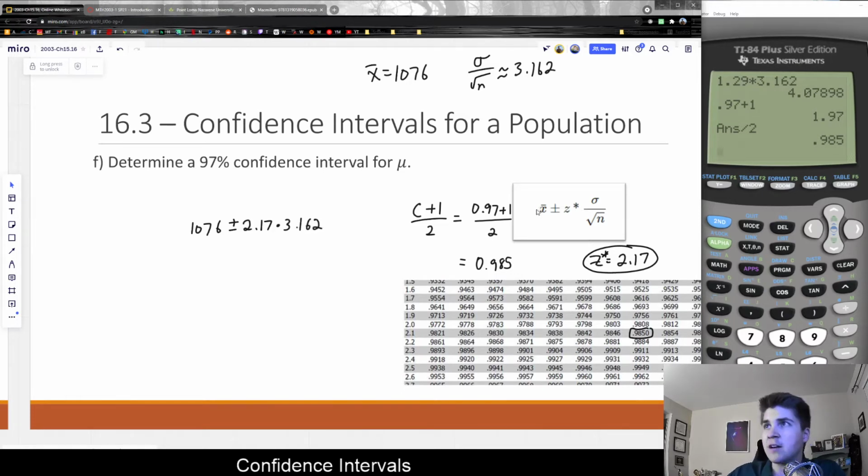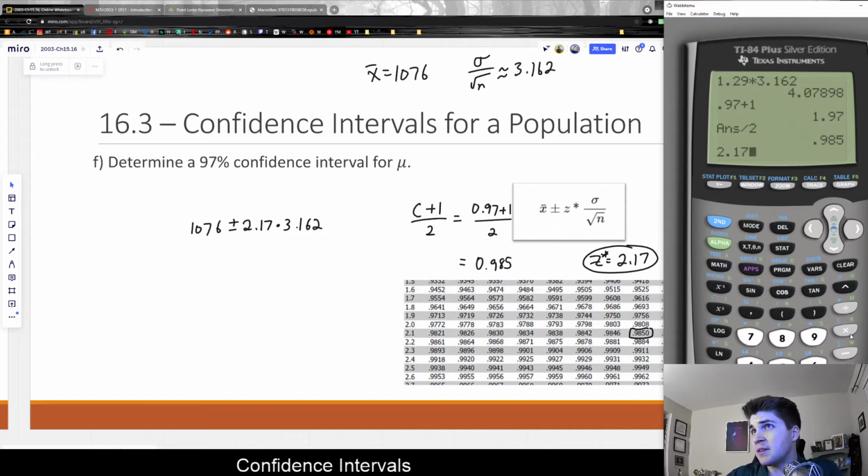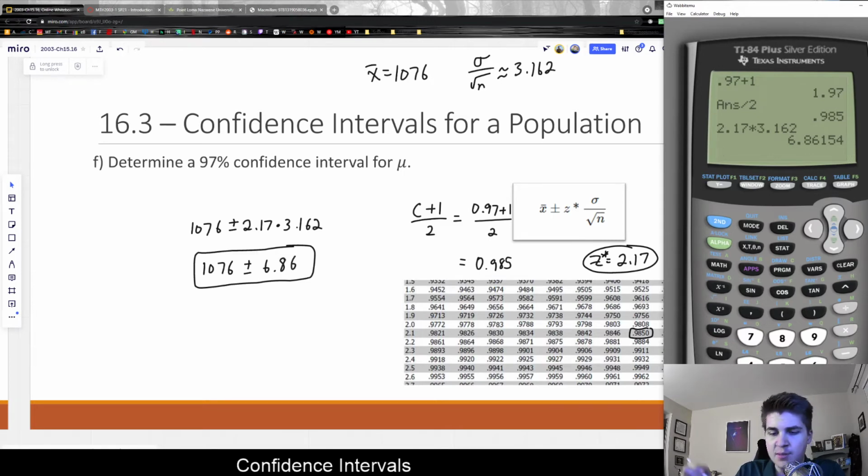Our margin of error, which the last part asked for, would just be the product of those two. So 2.17 times 3.162. That's going to be 1076 plus or minus 6.86. And so our margin of error is 6.86.